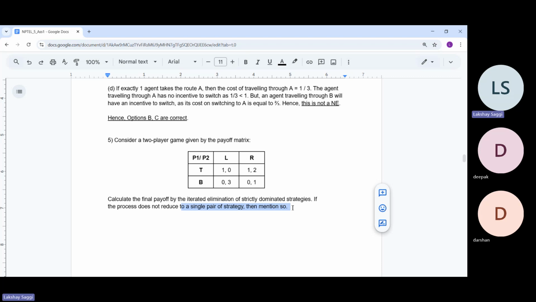What the problem is asking is, we know that we can check each of these entries to see if it is a Nash equilibrium or not. But here we just want to check: if you find a strictly dominated strategy, then just remove it. If we iteratively keep removing the strictly dominated strategies, then we will be left with a single pair of strategies, or a single entry of this matrix.